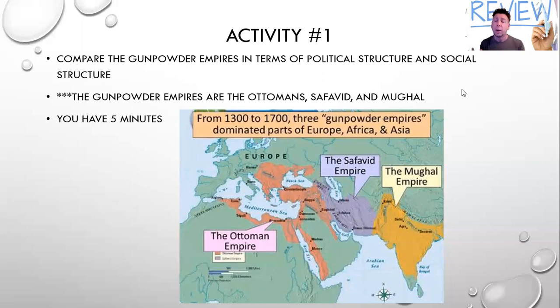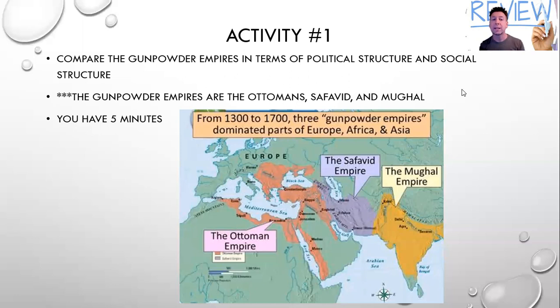Remember, they're all based off of a specific hierarchy in their government. The religion plays a part in some places, and certain religions more so than the others. I'm looking at the Ottoman and Safavid, particularly being more Islamic, while the Mughal Empire is majority Hindu with a high Muslim minority.